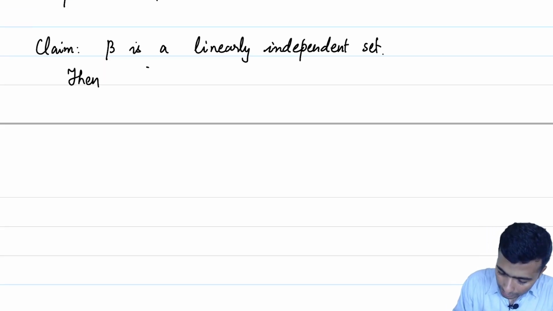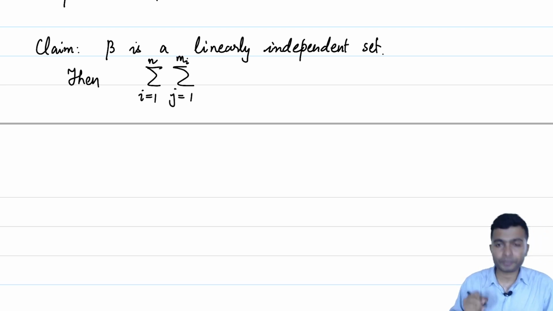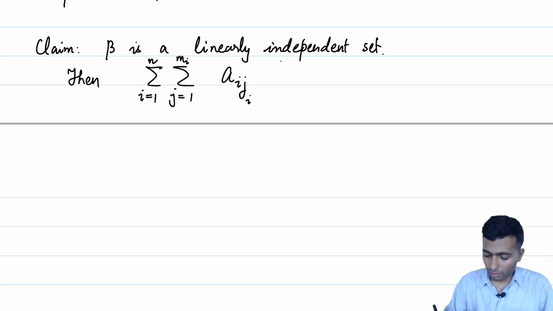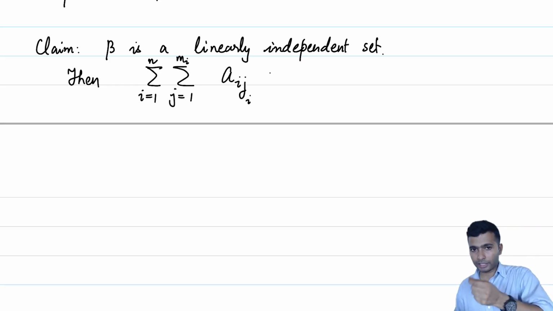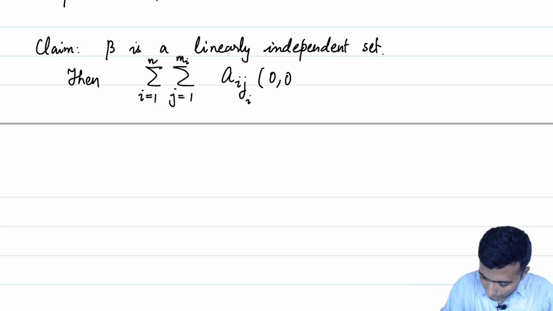Then we can write it like this: summation i equal to 1 to n, j equal to 1 to mi, a i j i of, let me call the vector, v i j i.